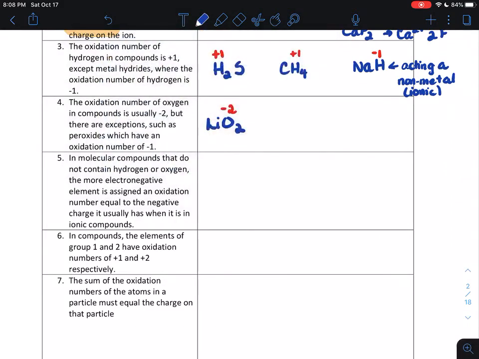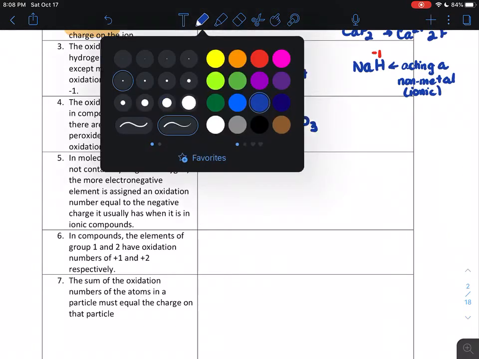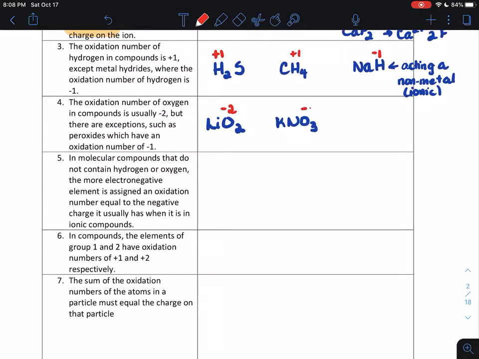My next example is KNO3. Again, I see the oxidation number is -2. And by the way, that's the oxidation number for one oxygen. So here you've got oxygens, each with a -2 oxidation number. My last example is the exception.